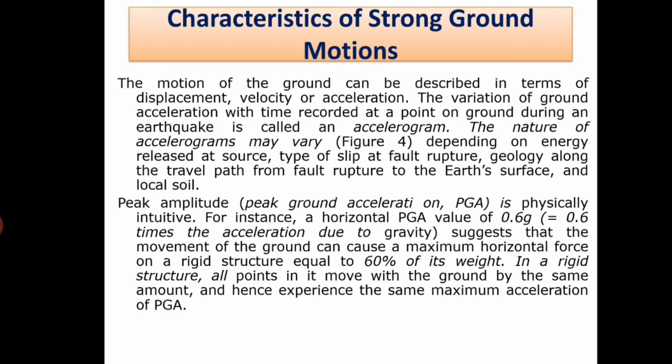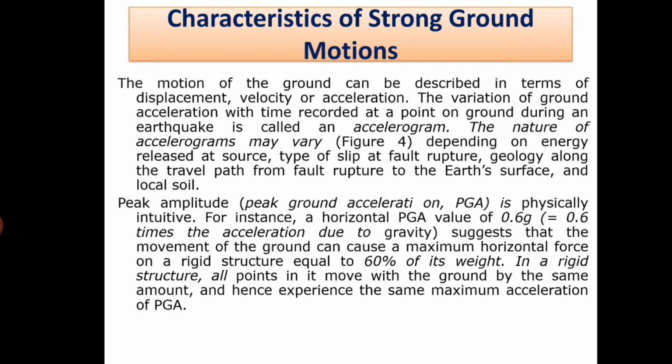The peak amplitude, or peak ground acceleration, is denoted as PGA and is physically intuitive. For instance, a horizontal PGA value of 0.6 g means 0.6 times the acceleration due to gravity. It suggests that the movement of ground can cause a maximum horizontal force on a rigid structure equal to 60% of its weight.